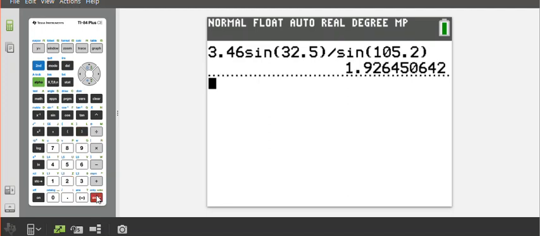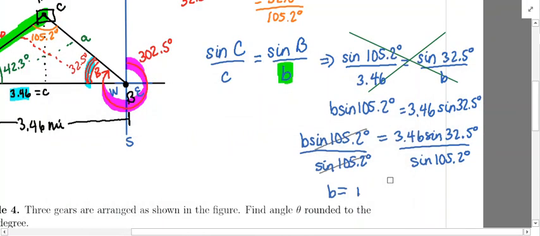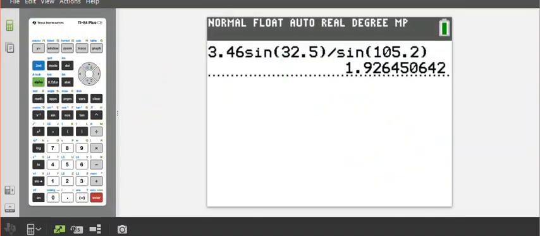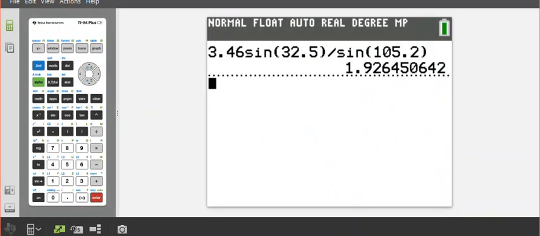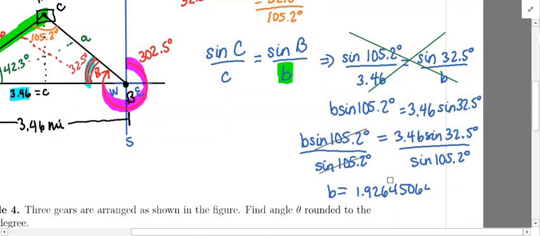Then this is going to be the decimal for side length B. So we're going to get 1.926450642. This is a side length.